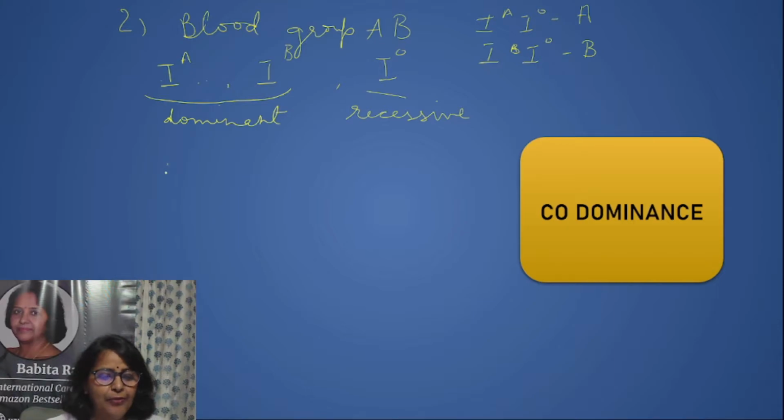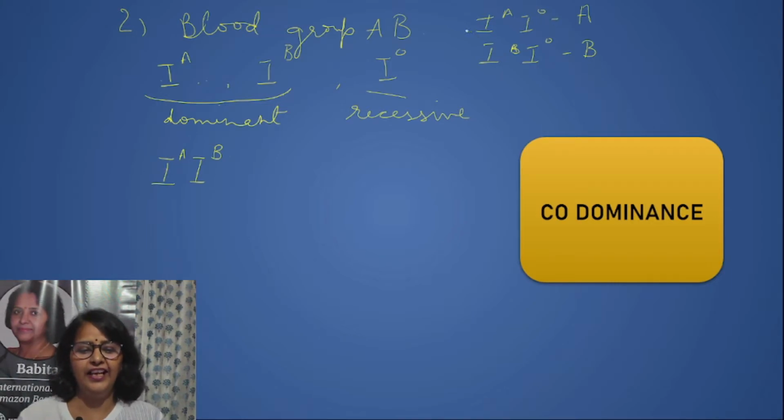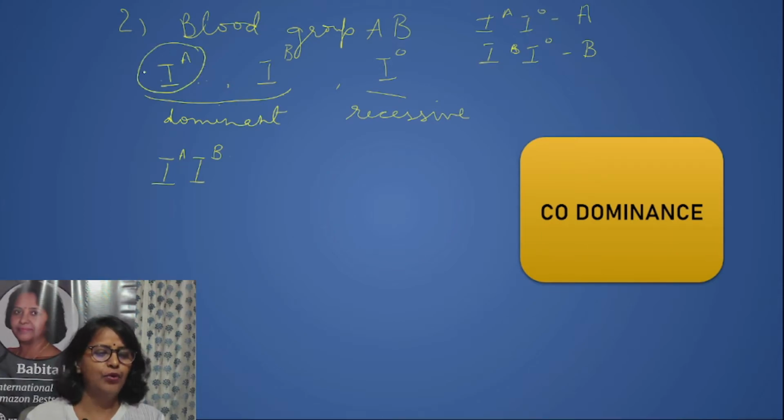But what will happen if both of them are present simultaneously, IA and IB? What is the role of this IA? This IA produces antigen A on RBC, that is a protein on RBC.